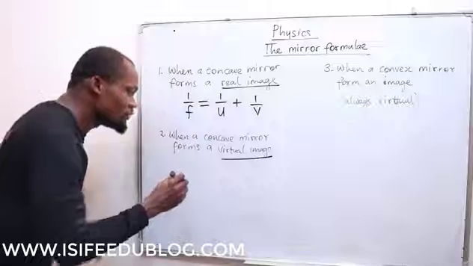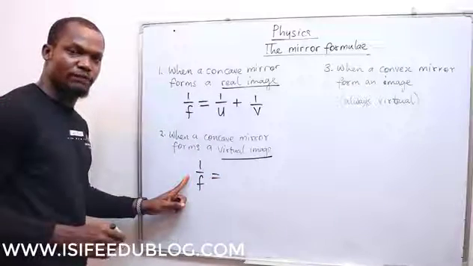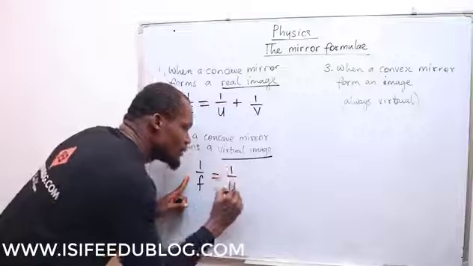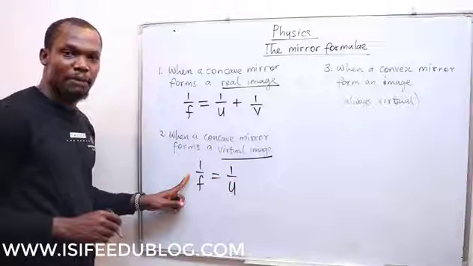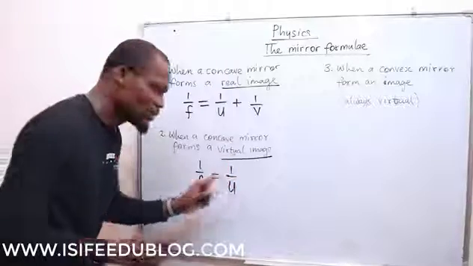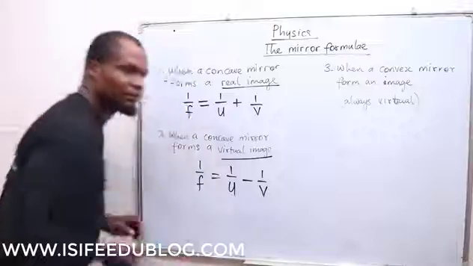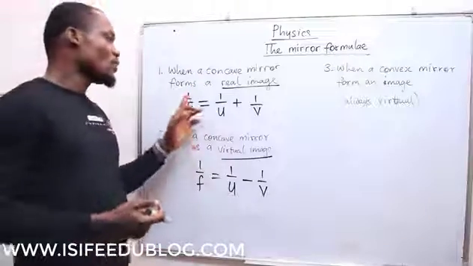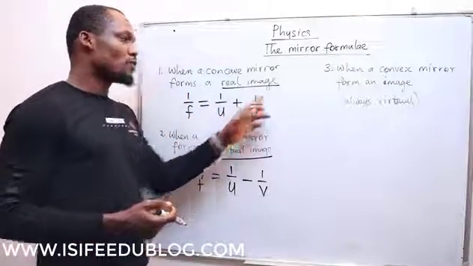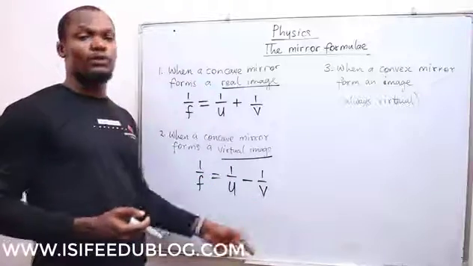For being a concave mirror, the focal length should be positive. The object distance should also be positive, but because it is a virtual image, the image distance now becomes what? Negative. So this is 1 over F equals 1 over U plus 1 over V, while this is 1 over F equals 1 over U minus 1 over V.